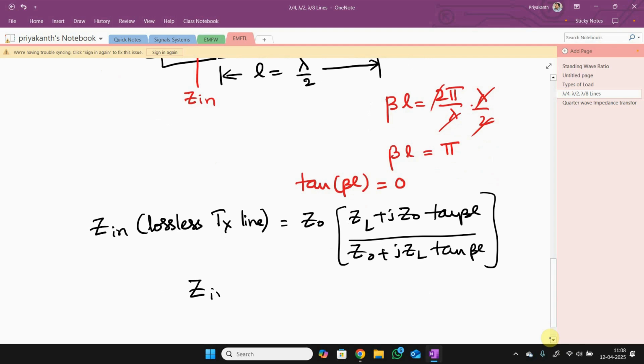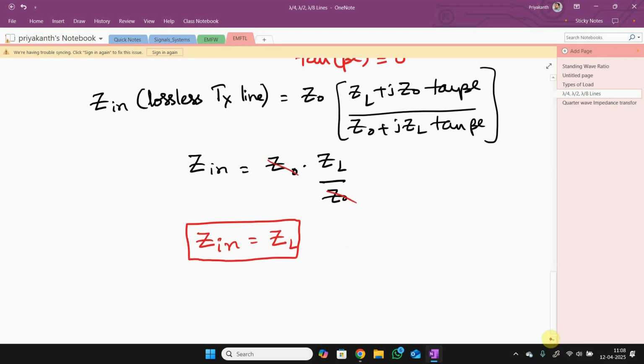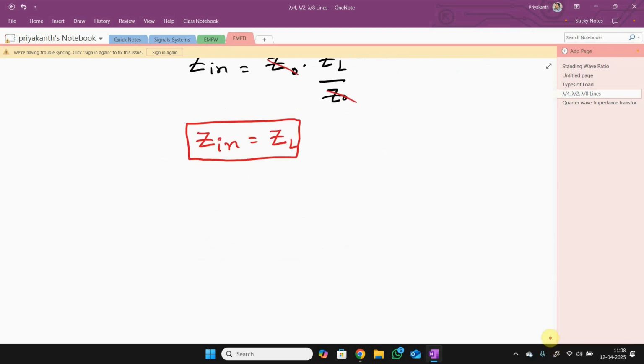Therefore, Zin in this case will be Z0 into ZL by Z0. And finally, we got a case that Zin equals ZL. Any conclusion from this?